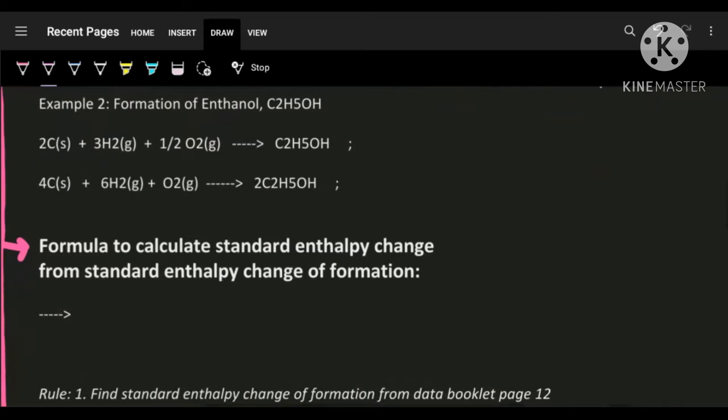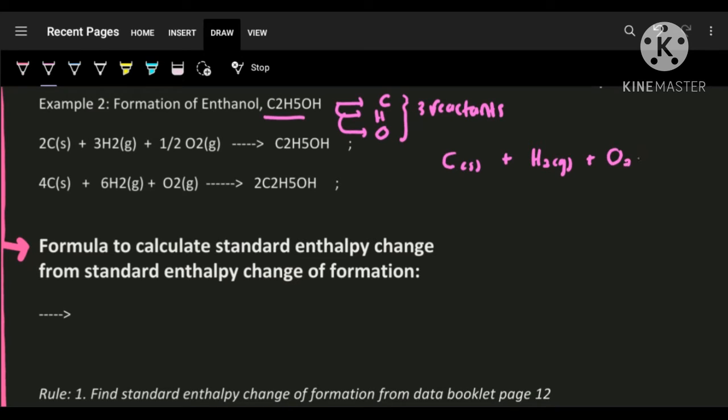Okay, let's look at example two, which is the formation of ethanol. Ethanol has three elements, which are carbon, hydrogen, and oxygen, so ethanol has three reactants. At standard condition, carbon exists as a solid, and it reacts with hydrogen gas and oxygen gas.